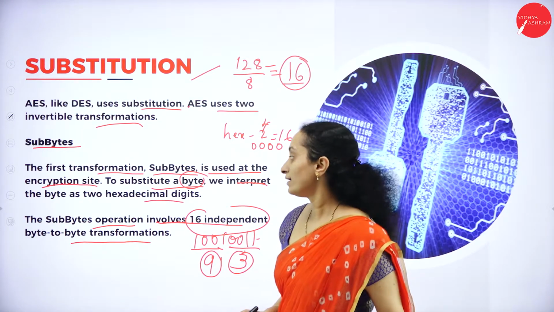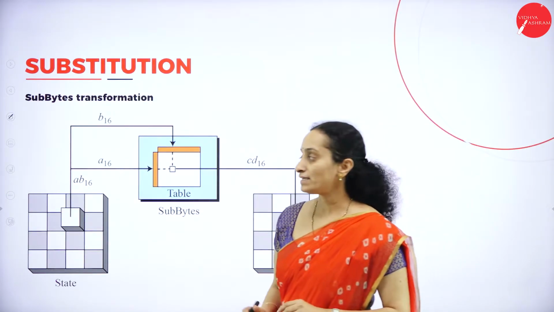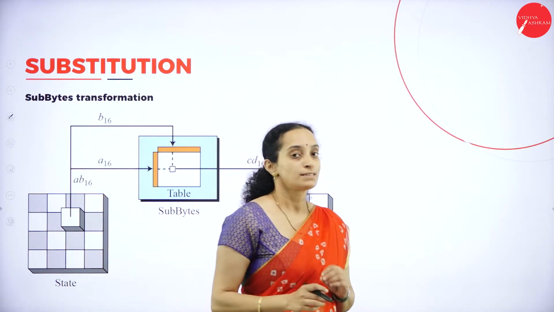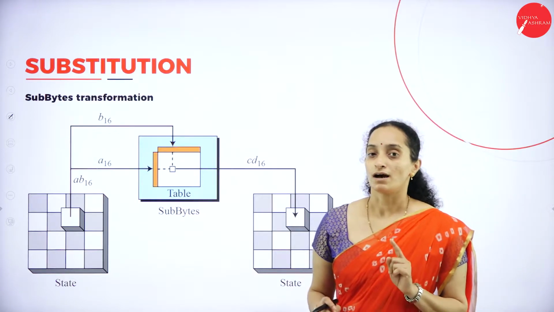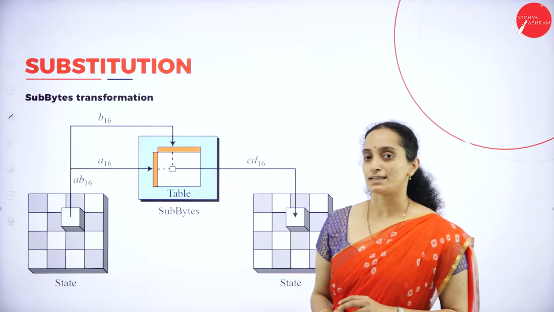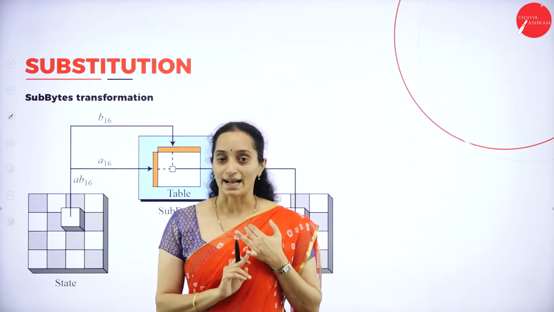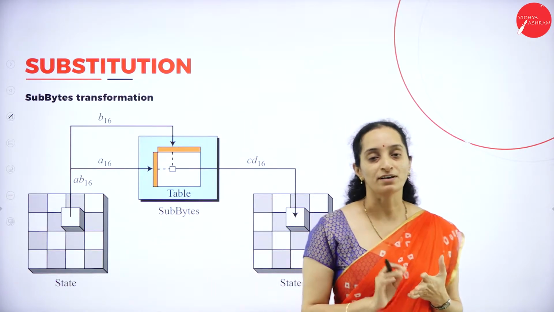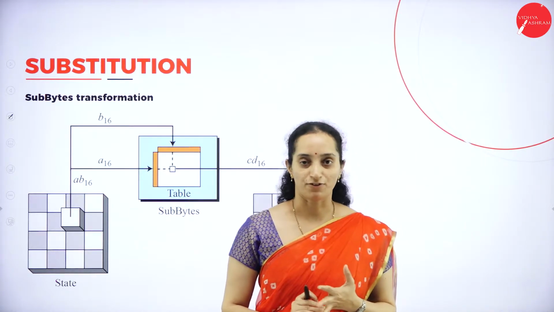Alright, for transforming, we use the method of sub-byte transformation. How do you do this? You know about the substitution ciphers that we have studied: the additive cipher, multiplicative cipher, affine cipher, autokey cipher, then the playfair cipher, isn't it?